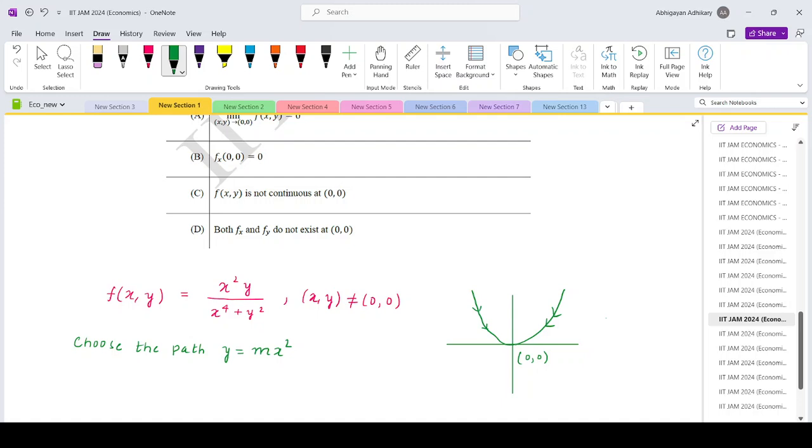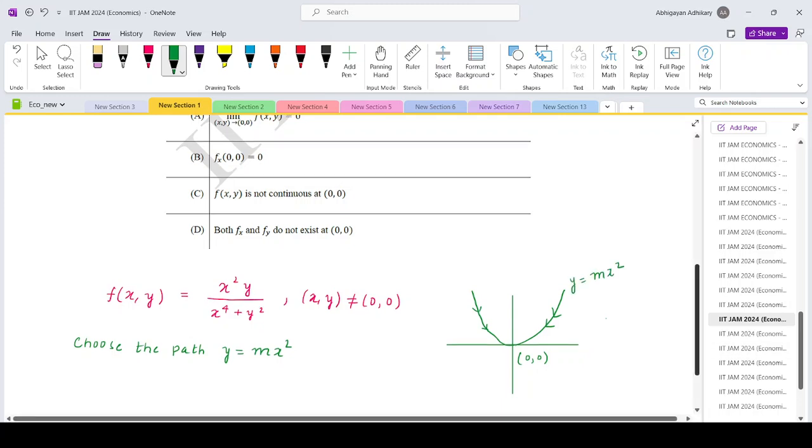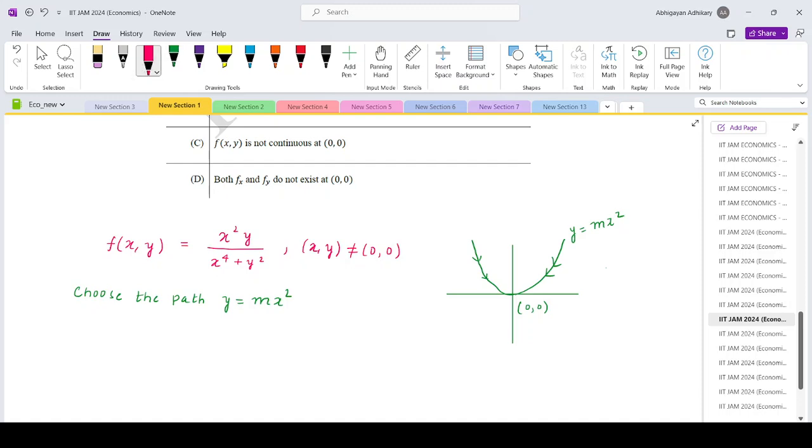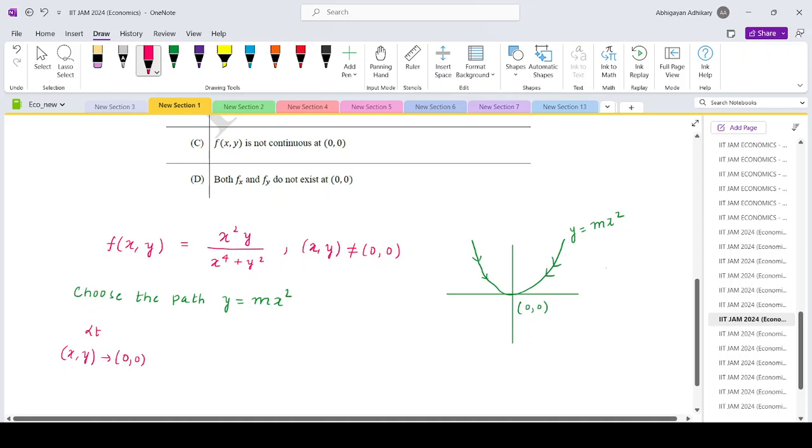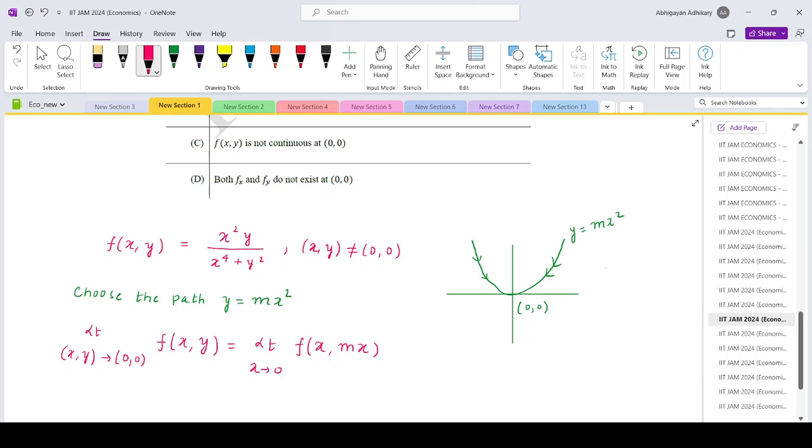This is what you're doing. And you want to evaluate the limit as (x, y) tends to (0, 0) of f(x, y), which is basically evaluating the limit as x tends to 0 of the function f(x, mx squared), right?